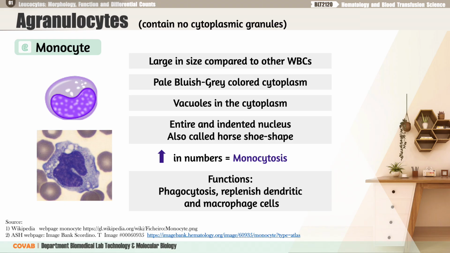And if we look at the picture at the bottom and compare the size of the monocyte to that of the red blood cells, we find that we could easily fit about 3 to 4 red blood cells in the space of this monocyte. That's why we are describing it as large compared to the other white blood cells.